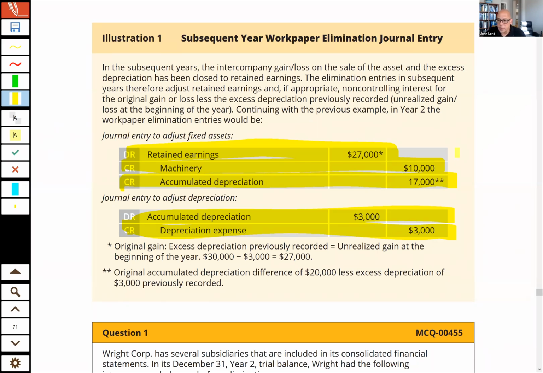After that, then it's simply going to be a credit to machinery for 10 and a debit to accumulated depreciation for 10, because we would have depreciated more into the accumulated depreciation by $10,000 more at that point.